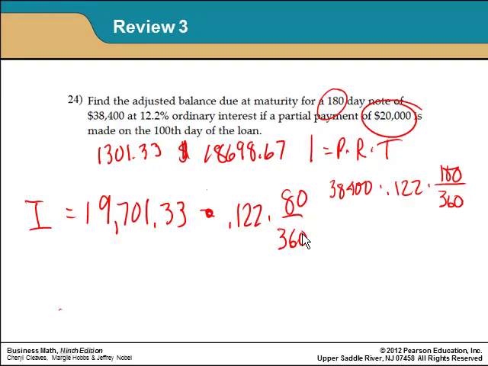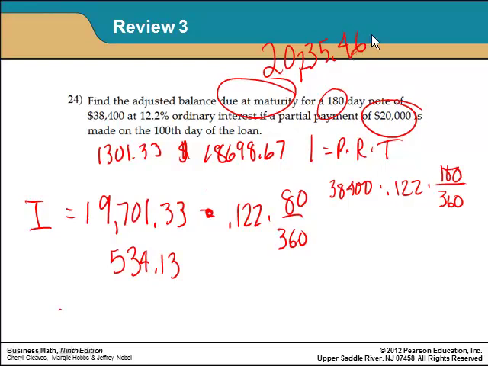So take that 19,701.33 times 0.122 times 80 divided by 360, and we get $534.13 worth of interest. Add that on to the 19,701.33, and the amount due at maturity then will be $20,235.46. If you have any questions, you can give me a call.